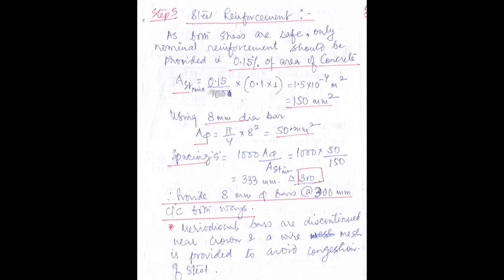Just one point for your reference: the meridional bars, as we have shown over here, are actually discontinued. They are not given near the crown area, and there a wire mesh is provided, to avoid congestion of the steel over there.